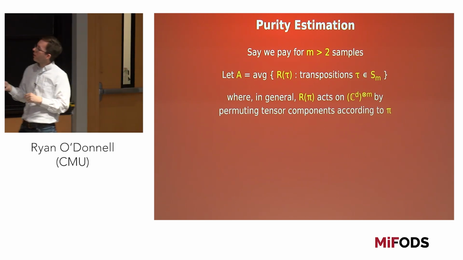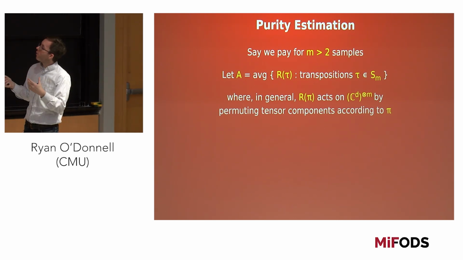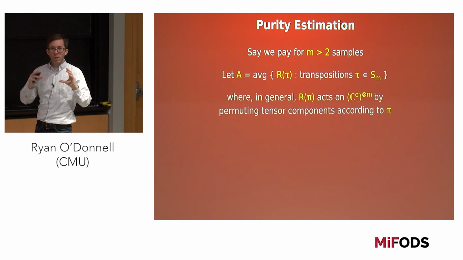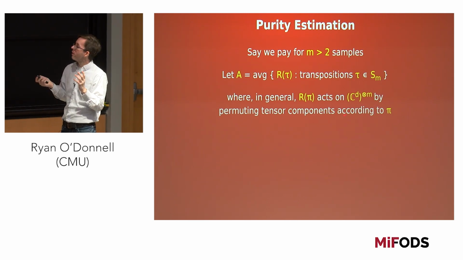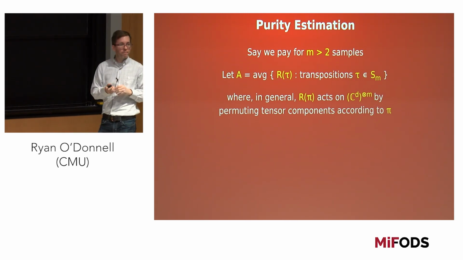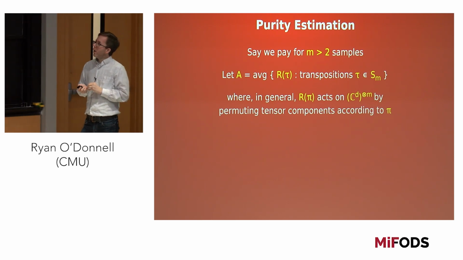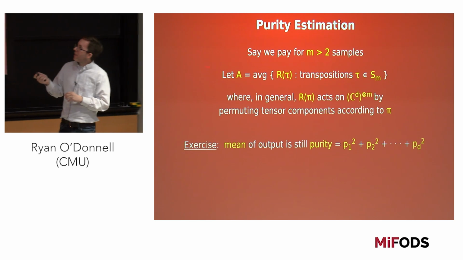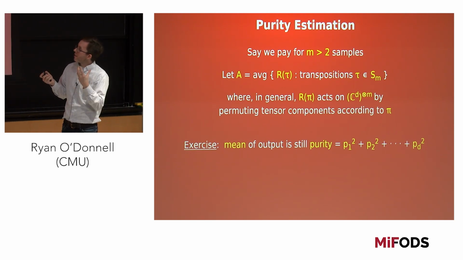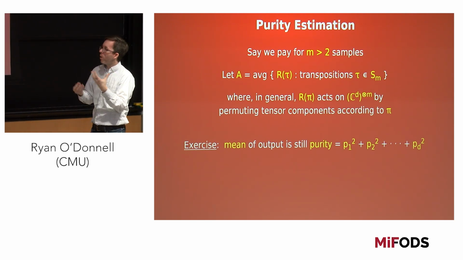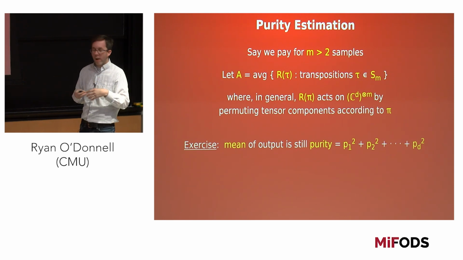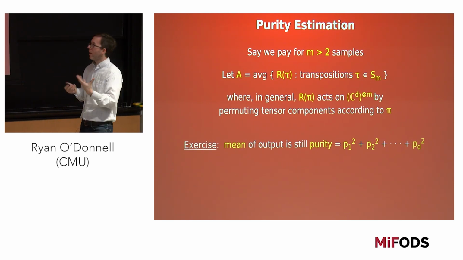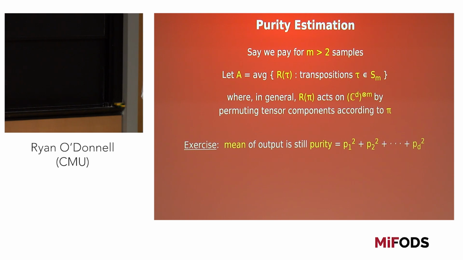And in general, I'm going to use this notation R of pi for the more general operator, which swaps around the tensor components according to a permutation pi. It's not hard to see that because each of these creates an output whose mean is the purity, their average over all swaps still has a mean equal to the purity, which is great.